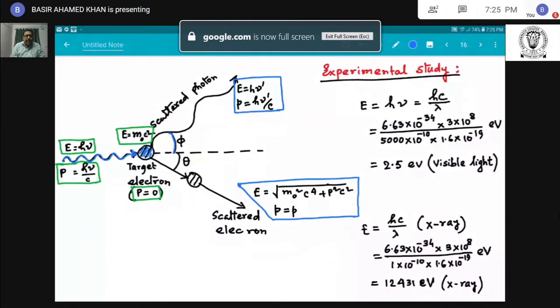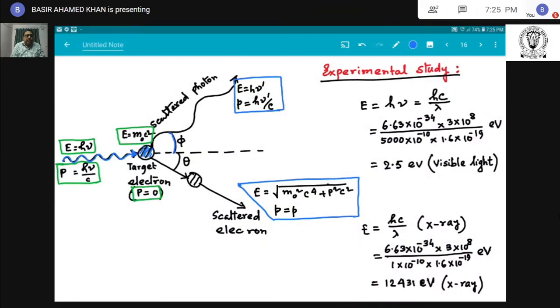The phi is the angle between the incident direction and the scattered direction of the photon, and after collision the scattered electron makes an angle theta with the incident photon.